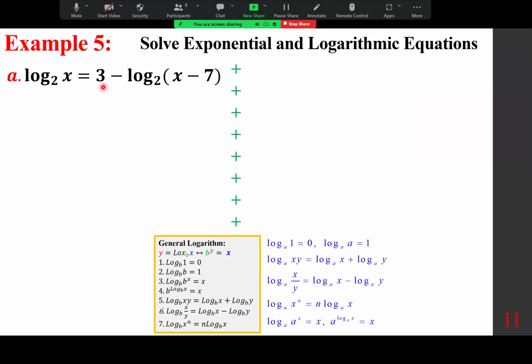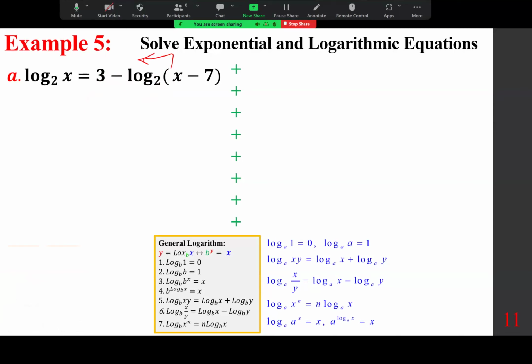Log x base 2 equals 3 minus log x minus 7 base 2. Again, anytime we have a bunch of logs and a bunch of numbers, we bring all the numbers together, we bring all the logs together. So we don't have to do anything about this number, but this one we're going to move to the left, becomes plus.